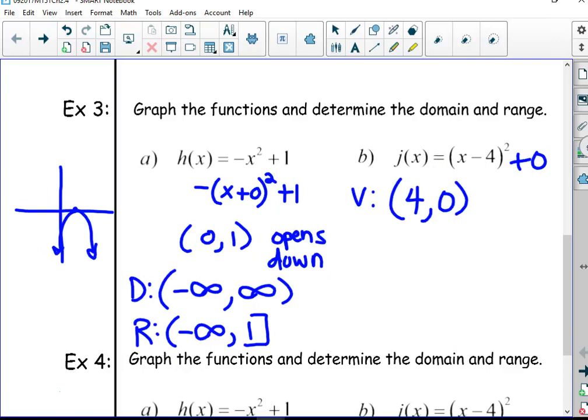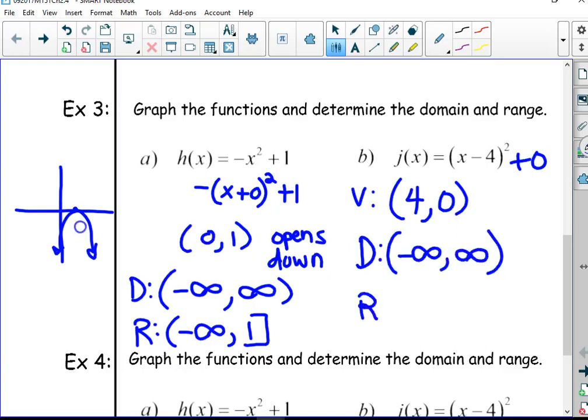It's going to open up, and our domain is the same, it's all real, but our range is going to be from 4 up, so 4 to positive infinity.